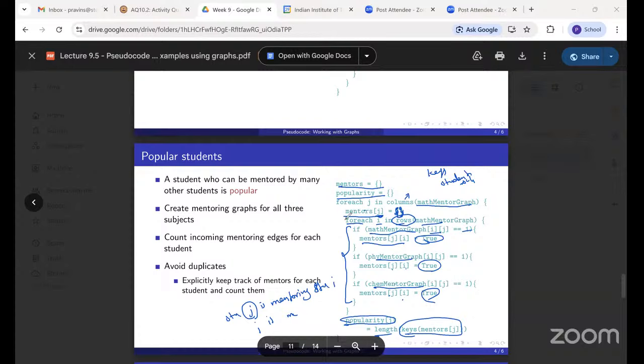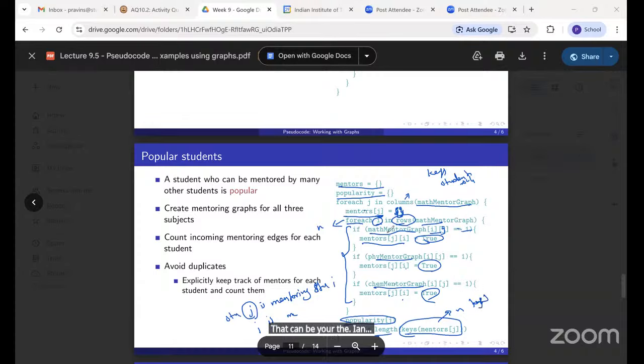It will be n times, right? Wherever you see a student and in the mentor graph it is equal to 1, that can be your n keys.